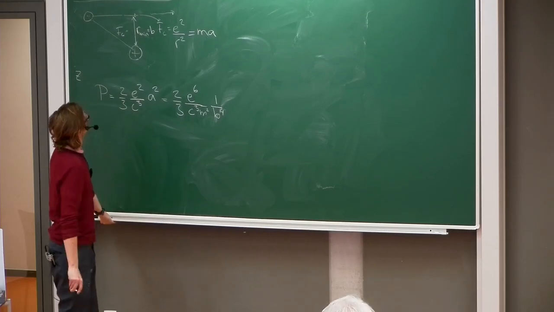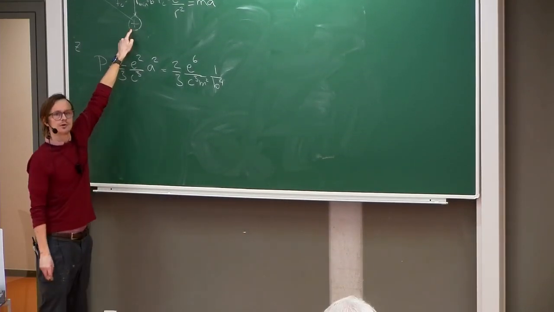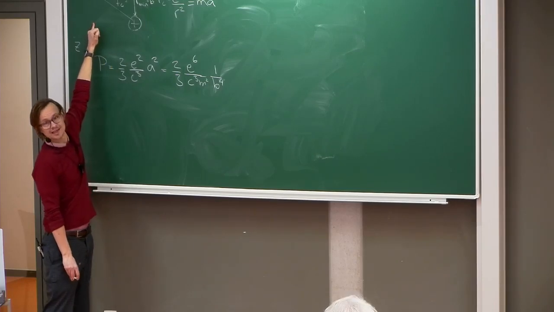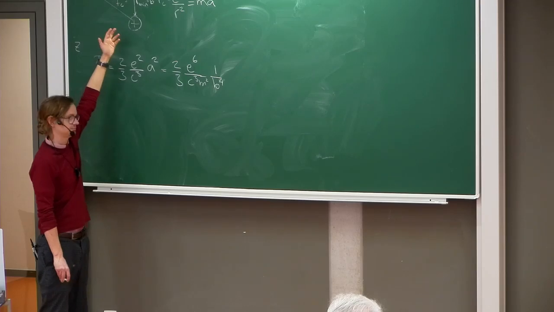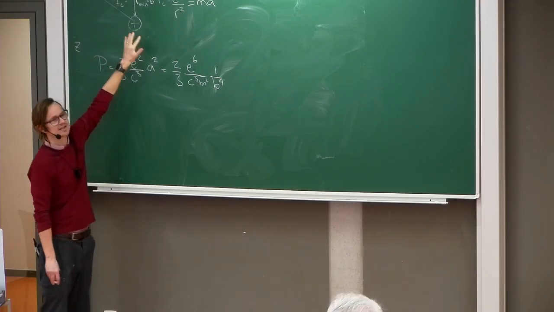Now, furthermore, in this picture, we have assumed that the proton is at rest with respect to the electron, so that there is no relative motion. There is relative motion, but we can assume that it is at rest.